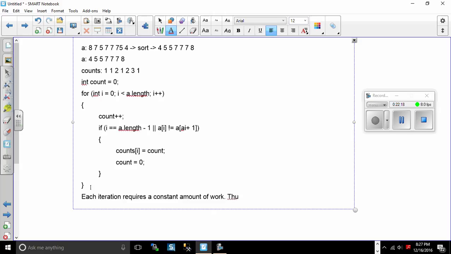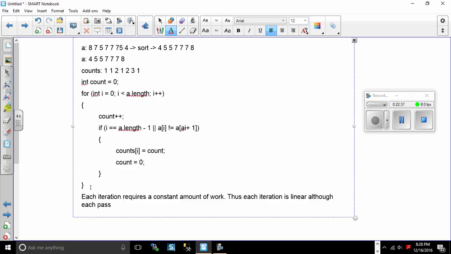Thus, each iteration is linear, although each pass requires 2 visits.